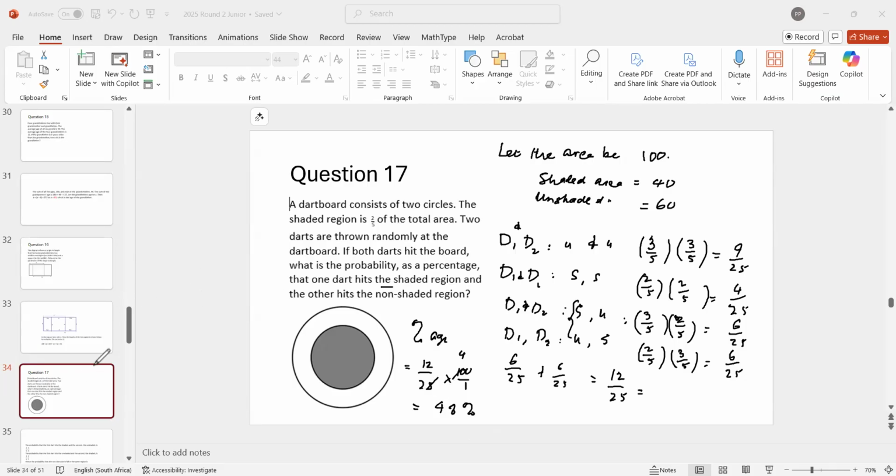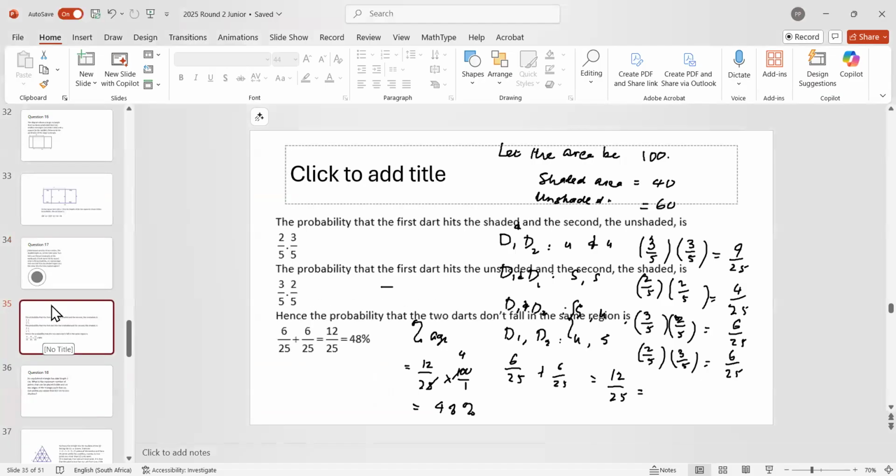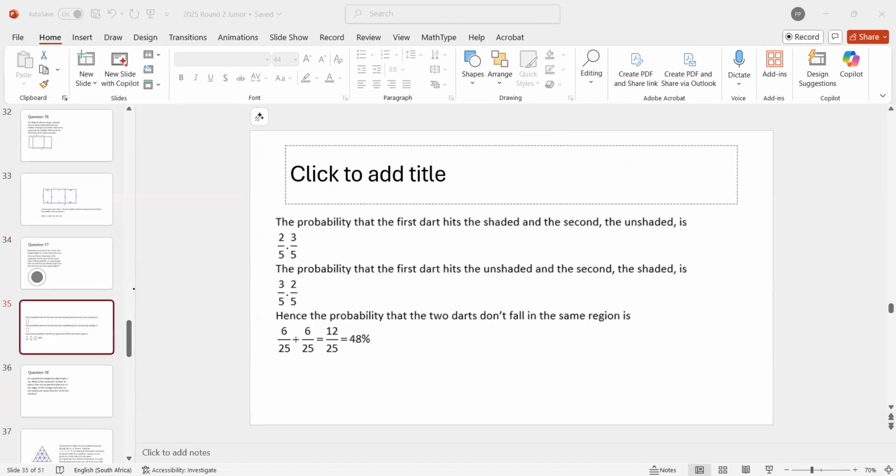So the answer to question 17 is 48%. Let's hope this time I'm correct. Last time I was not correct. There it is. I didn't put it in red. So it's 48%. Okay. So let's get on to the next problem.